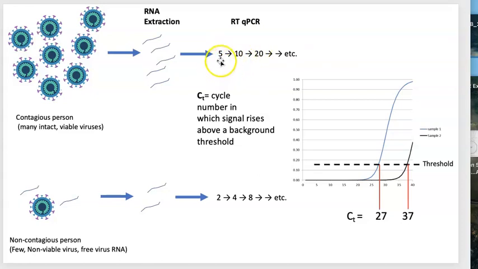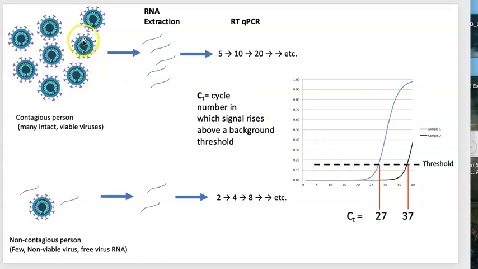The number of cycles required to get to a fluorescence reading that surpasses the threshold is the CT value, illustrated here. Because this starts with a very low number, you need a lot more cycles in order for this sample to exceed the threshold. And so this might be a hypothetical data set for this circumstance.